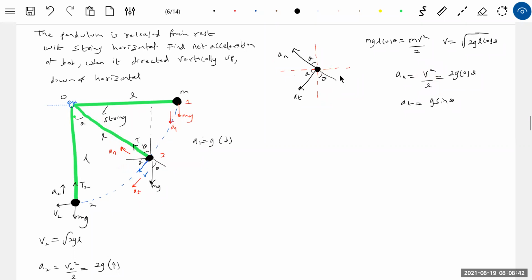Now, what is the condition? Along the vertical, a_n cos theta minus a_t sin theta must be 0, because the total acceleration should be horizontal. Therefore, the vertical components should cancel out. So this will be 2g cos theta into cos theta, and a_t is g sin theta.